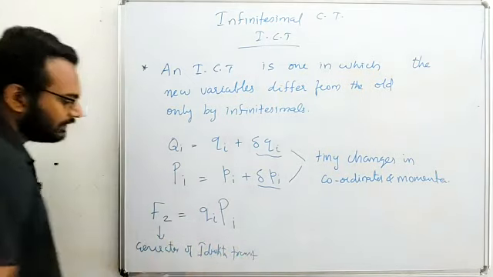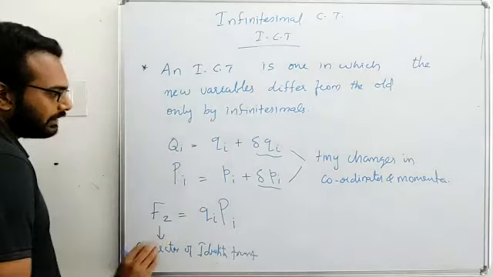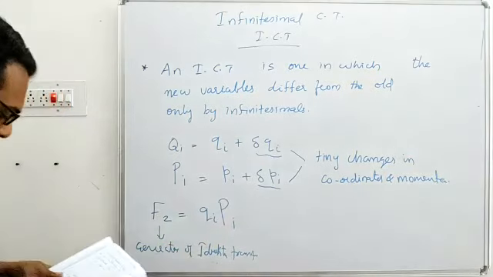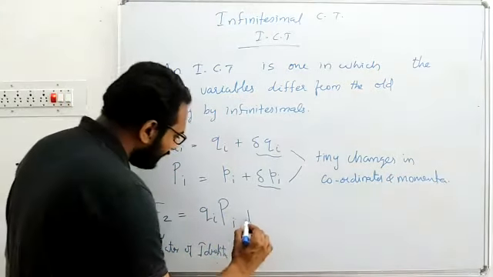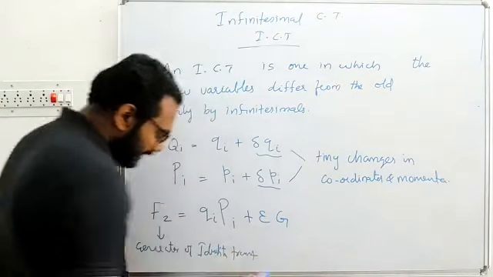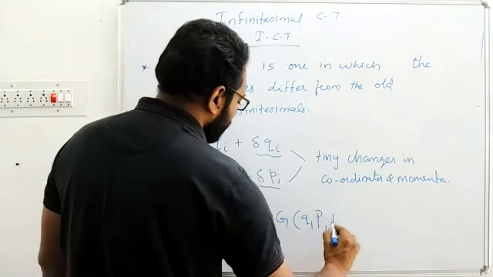Now we said that this infinitesimal canonical transformation differs from the identity transformation only by infinitesimal quantities. So let's write this with some other small parameter epsilon and G of q, capital P, comma t.